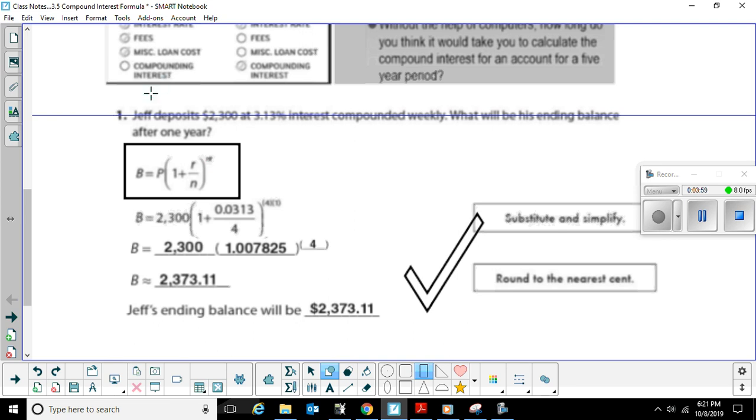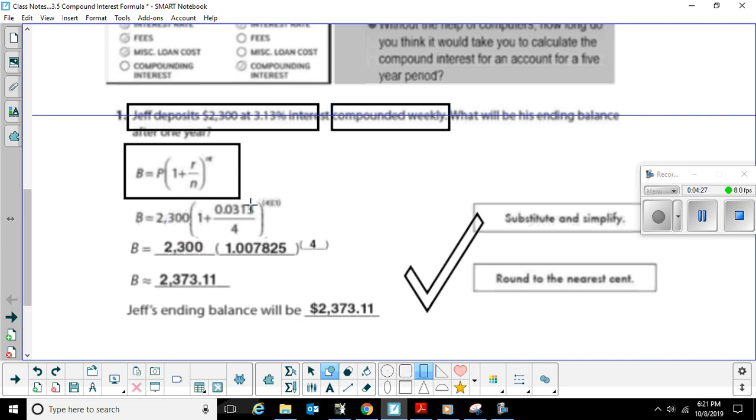So let's look at, as an example, Jeff. Jeff starts with $2,300, and he has an interest rate of 3.13%. He is compounding once a year. Oh, did I write that? No, he's compounding weekly. So what does that mean in our formula? It means we're going to start with our principal of 2,300.